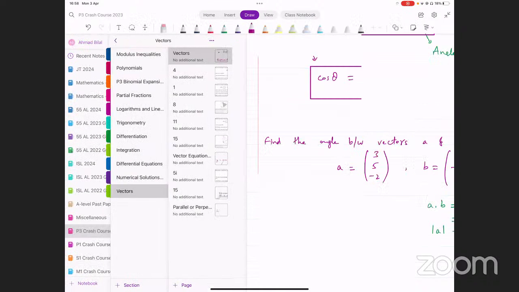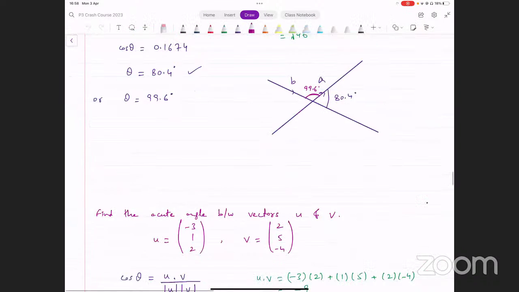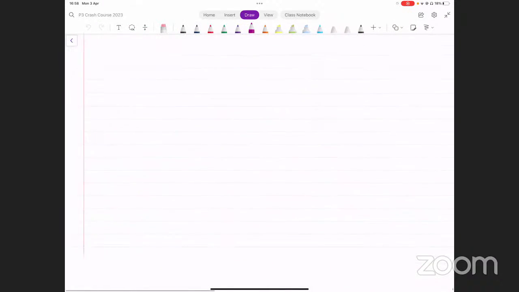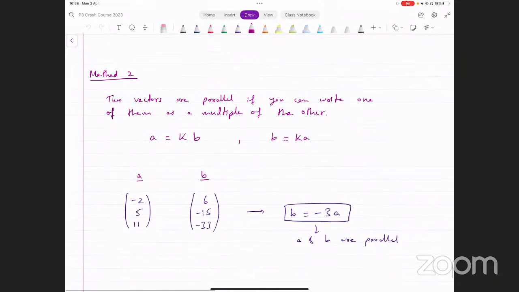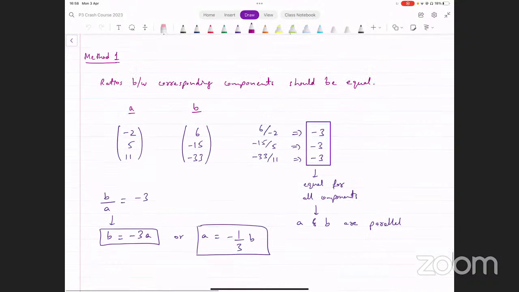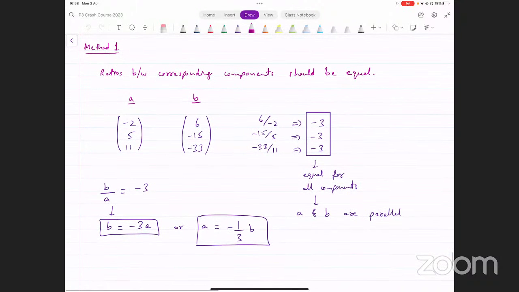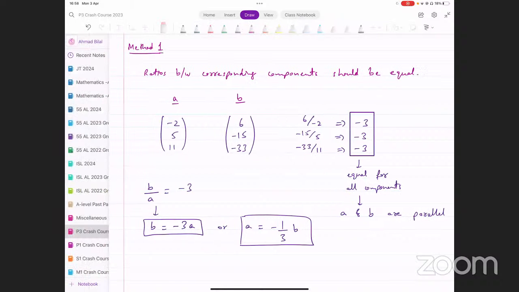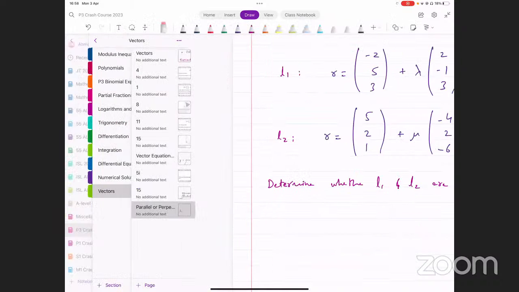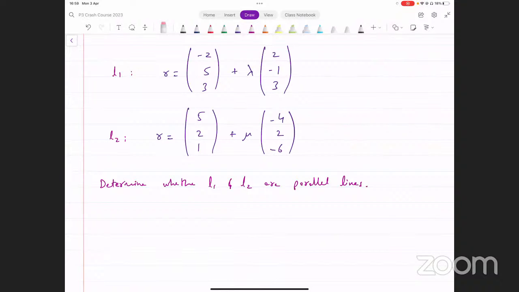We have learned how to prove that two vectors are parallel. To prove vectors are parallel, all we did was divide the corresponding components. If the result turned out to be the same for all of them, we said that the vectors are parallel. But now we're not talking about vectors. We're talking about lines. We have equations of lines. How do we prove that these lines are parallel?